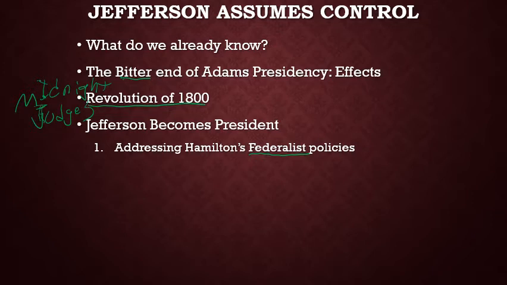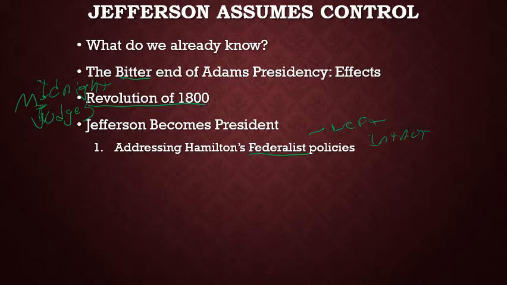You would think that the first thing Jefferson would do would be to get rid of any Federalist policy that exists. But instead, he doesn't do that. In fact, he left many of the same Federalist policies intact.